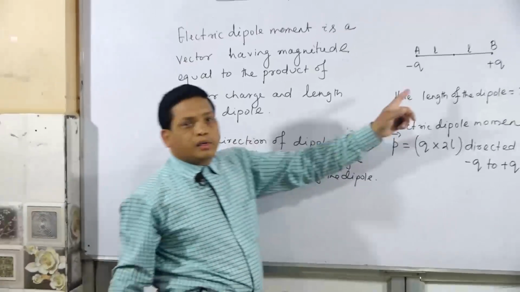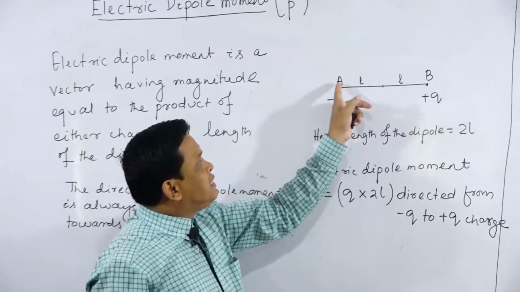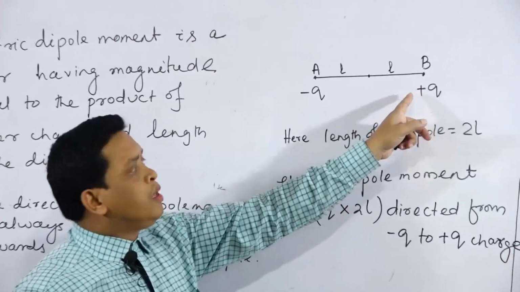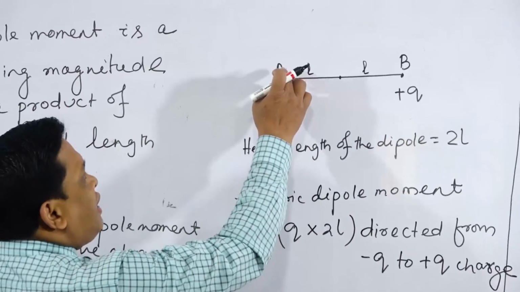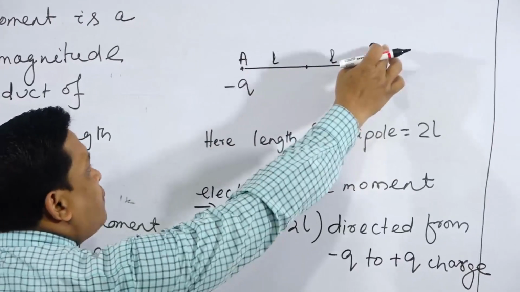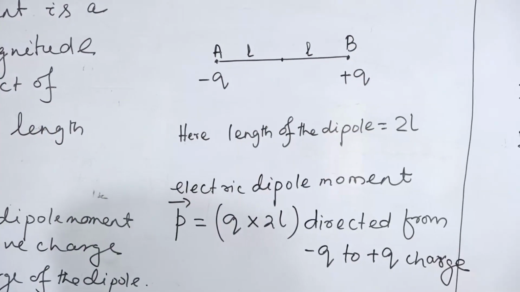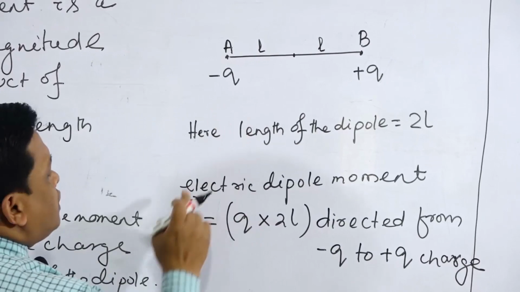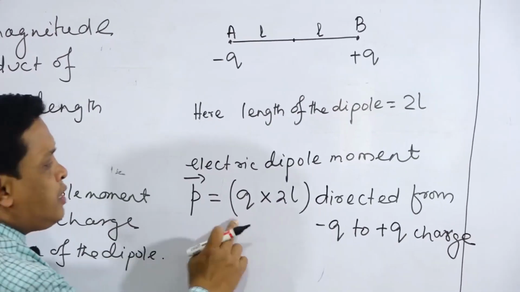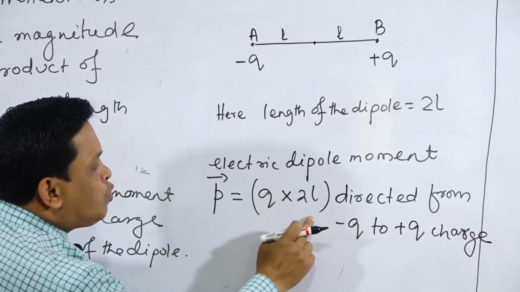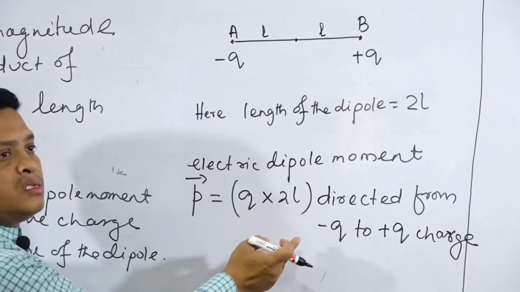See students, we have taken an electric dipole AB having length 2L. At A point minus q charge, at B point plus q charge. So here the dipole moment of this dipole, P vector, has magnitude equal to product of either charge.